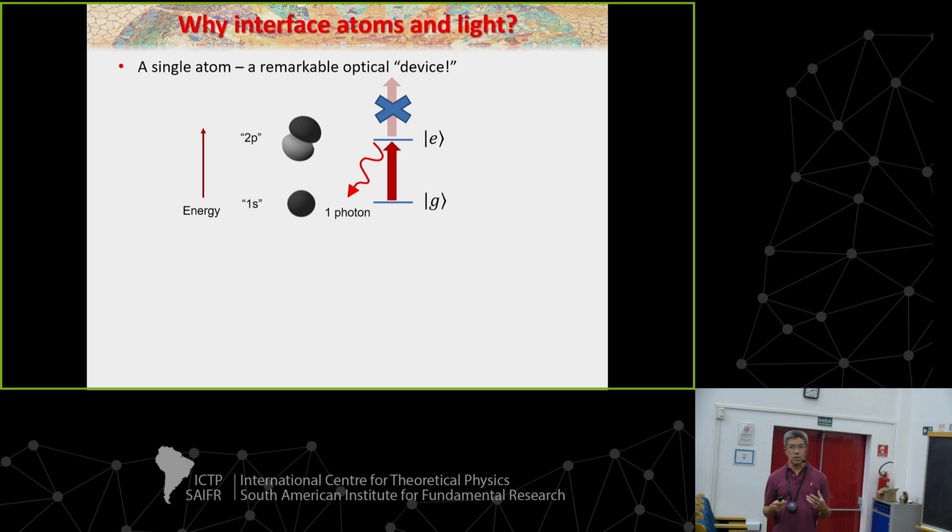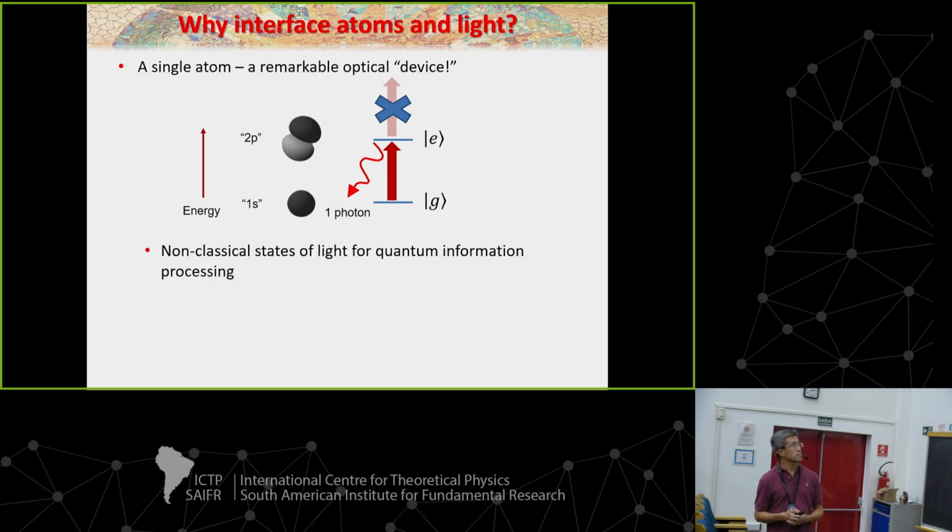And it turns out that even though you shine in classical laser light, what you get out, this single photon Fock state, is already a quantum state of light. So it has certain properties that you can never understand or model from, for example, classical probability distributions.